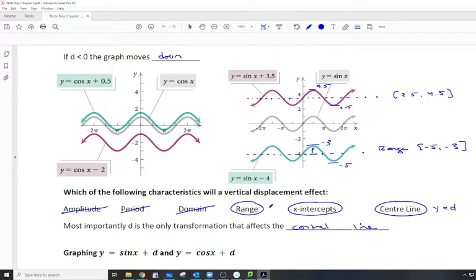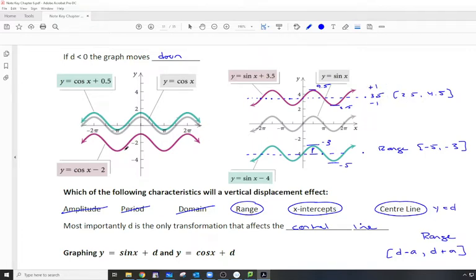To find your range, and I should have made a spot for this, what it's always going to be is your center line, which is your d value, minus a, up to your center line plus a. So if you look at this graph here, you had a center line at 3.5, so it went down 1 to 2.5, and it went up 1 to 4.5.